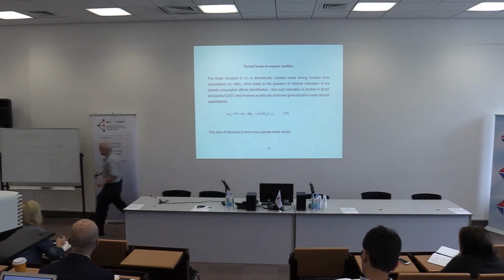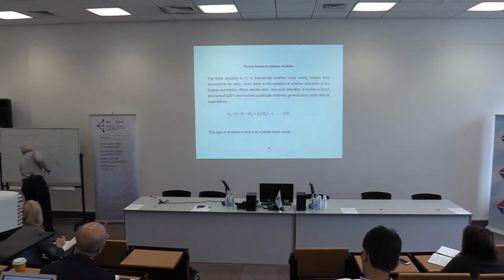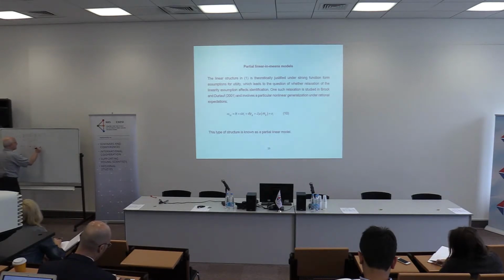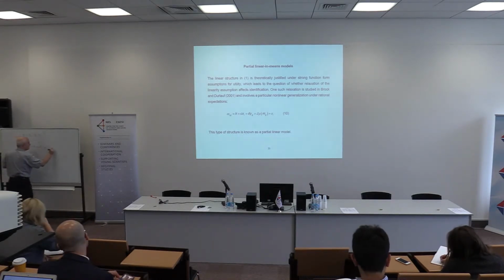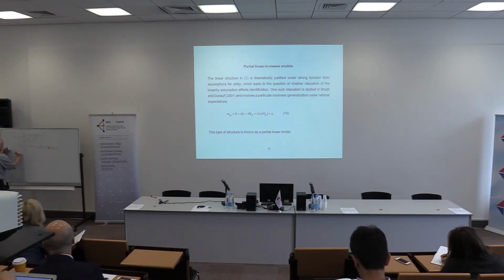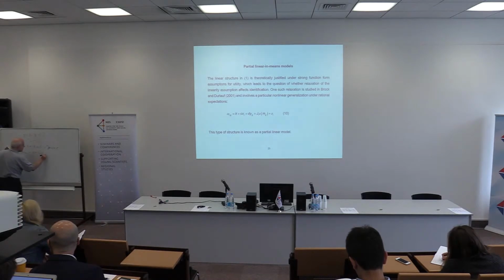I should have written this on a slide. So the model, it looks like this. And so m minus mu(m) must equal k plus cx plus dy. So here's the nonlinear model I'm working with.